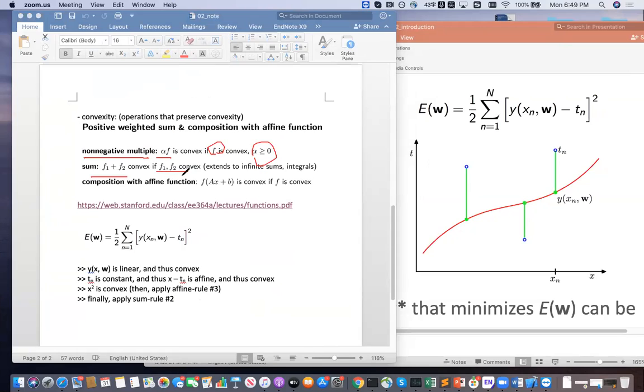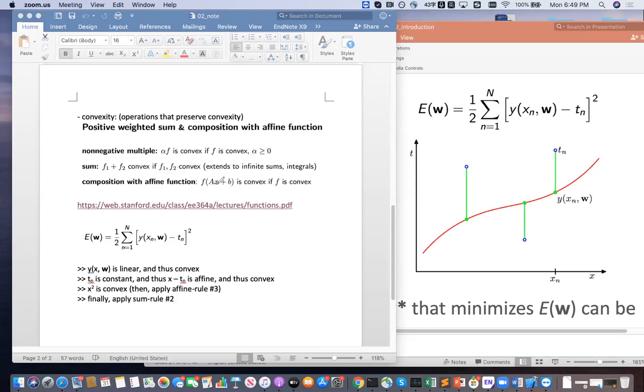Finally, if you have a composition with an affine function, let's say Ax plus b. An affine function is just a linear function, but more complicated because x is a vector and A is a matrix. It's a high-dimensional extension, and b is a vector. The difference between affine and linear: if b is 0, it's called linear; if b is not 0, you have a bias, and it's called affine.